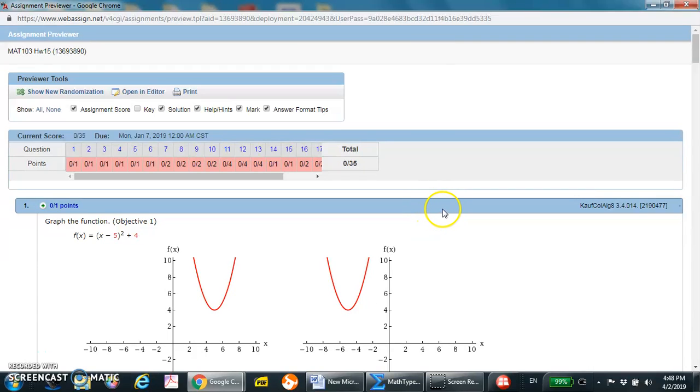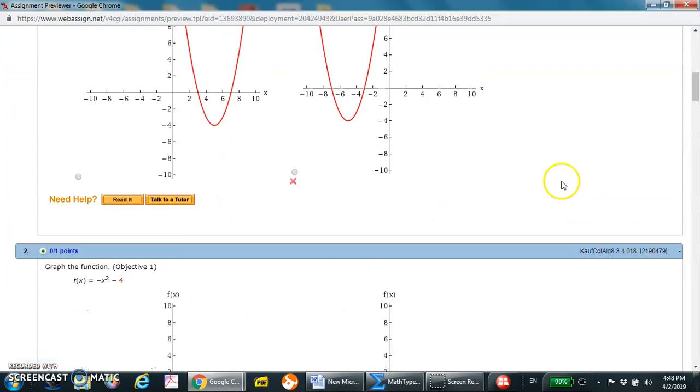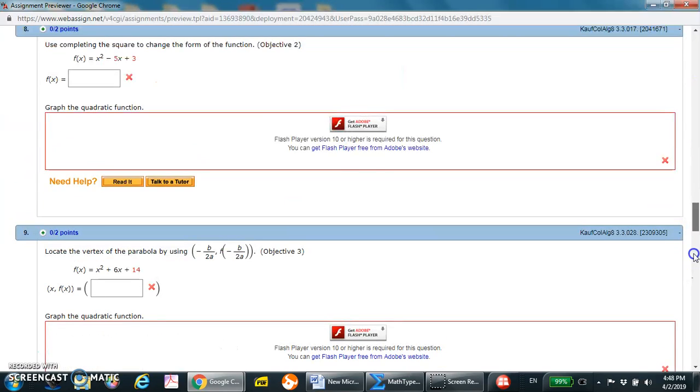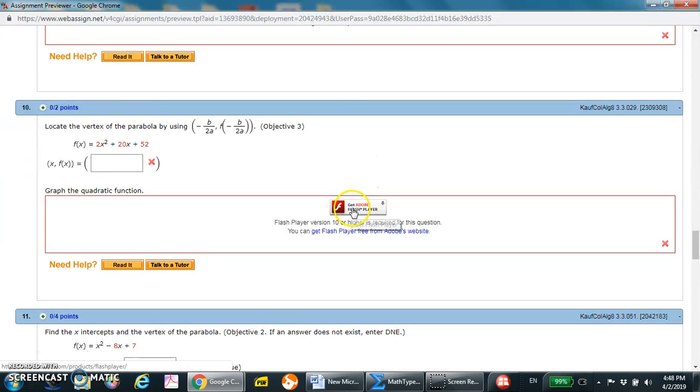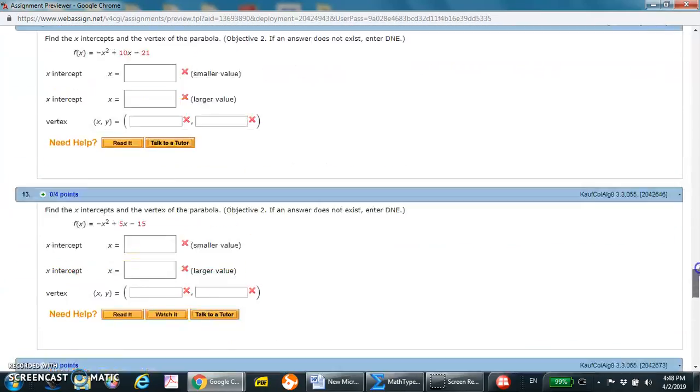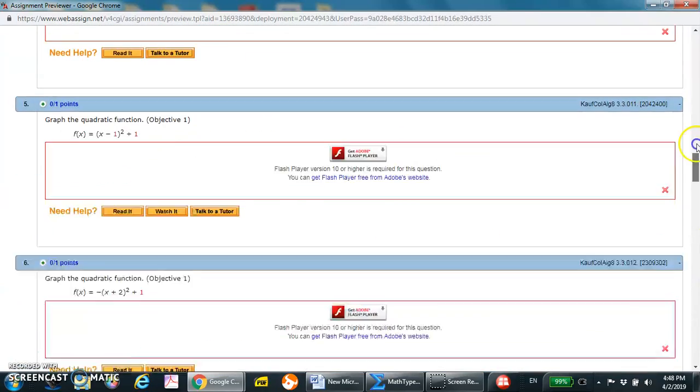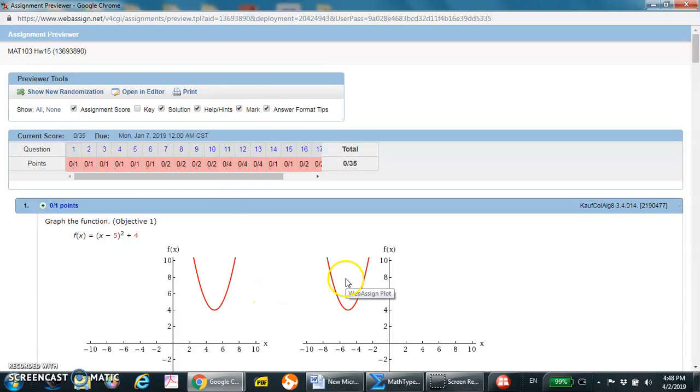Okay, in this video, I will show you a couple of examples on WebAssign. Now, the first thing I would like to talk about is, after you open your WebAssign, if you couldn't see the graph, like here, we can solve this issue by going to the upper left corner and clicking on this.